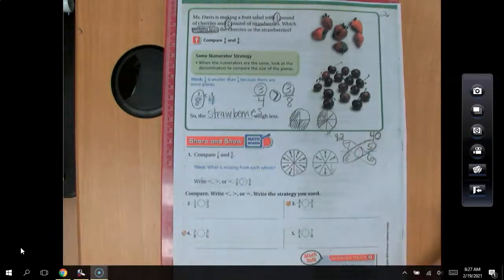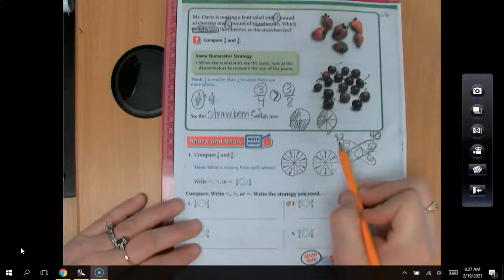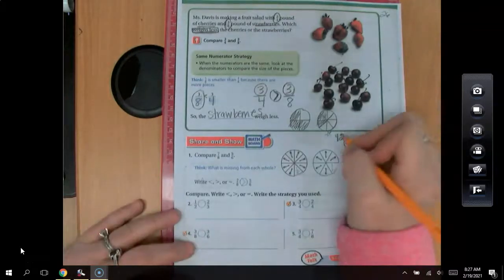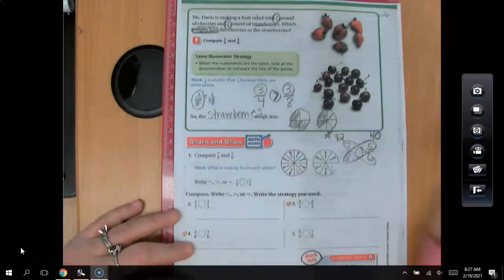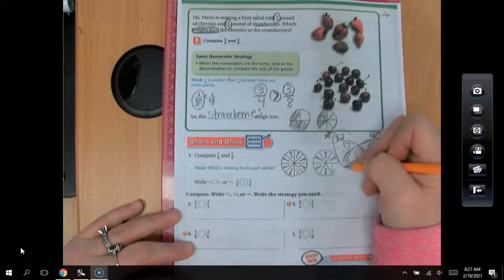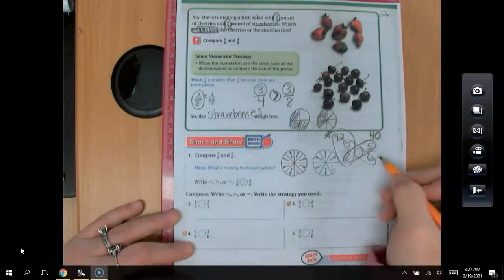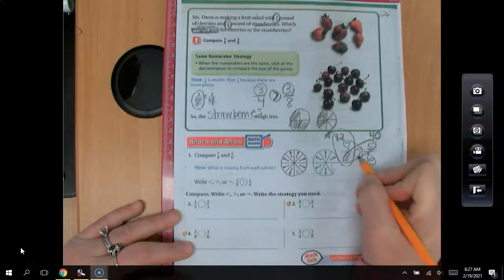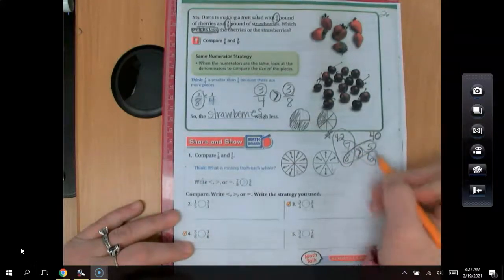Now, what is bigger? Is 42 or 40 bigger? Well, of course, 42 is bigger than 40. So my answer is that 7/8 is greater than 5/6.